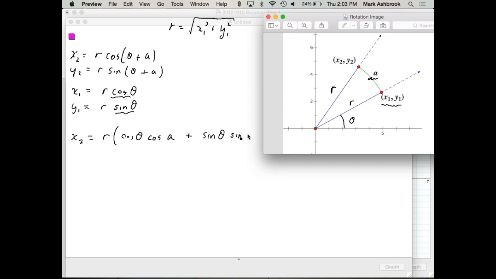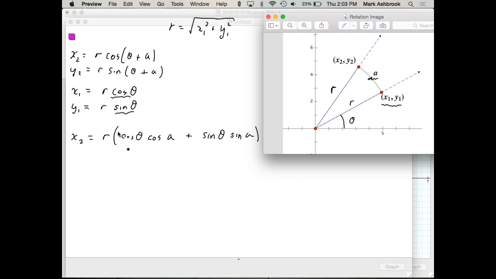Did I do it right? R cosine theta cosine A plus. So then I just got R's out of there. Should I multiply the R in or not? What are we trying to do? We're trying to write x2 in terms of x1 and y1 and a. So should I multiply the r's in?